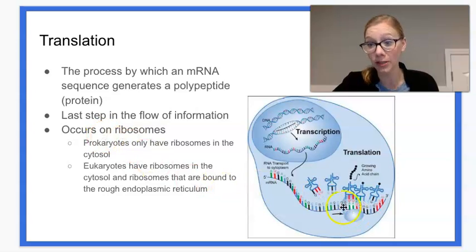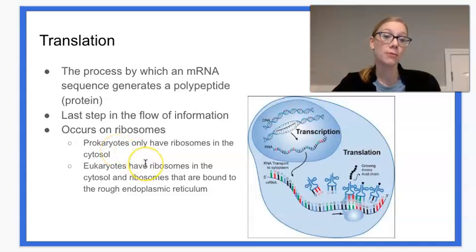It occurs at the ribosomes in prokaryotic and eukaryotic cells. However, prokaryotic cells only have ribosomes in the cytosol, so that's where it's going to occur. In eukaryotes, we have ribosomes that are free in the cytosol, but we also have ribosomes that are bound to the rough endoplasmic reticulum, and it will occur in both of those locations in eukaryotic cells.